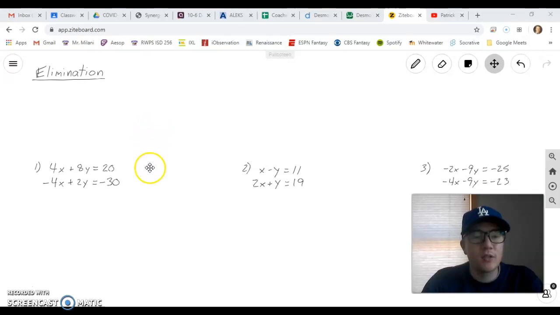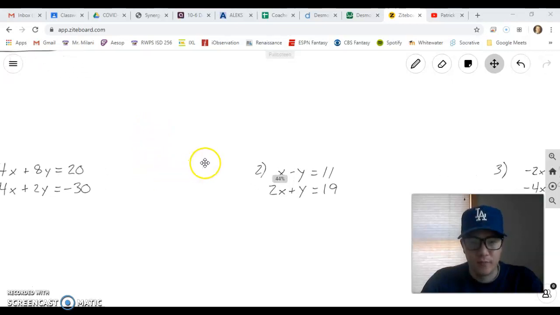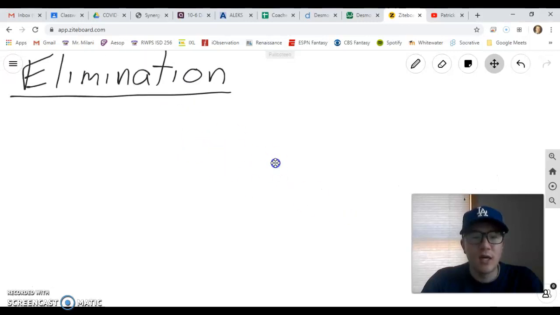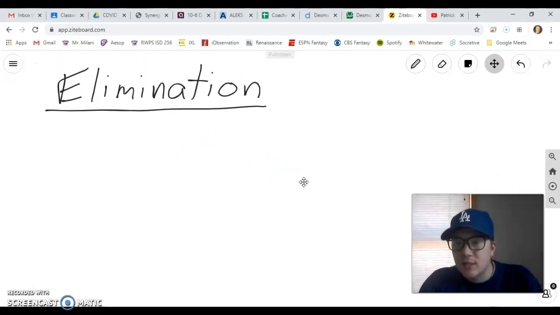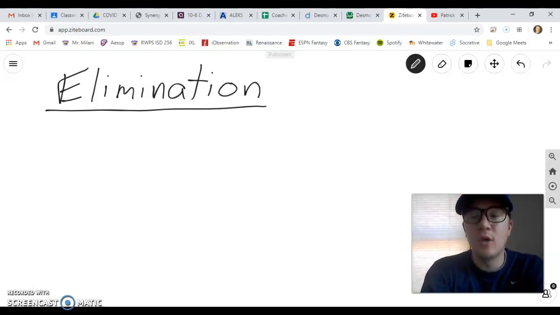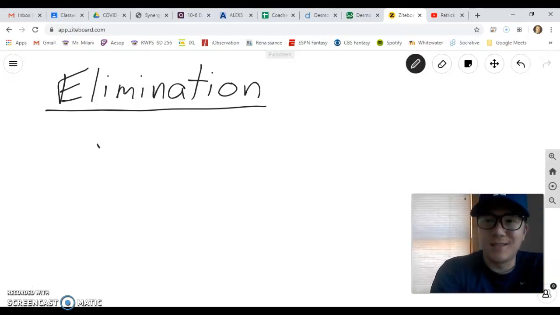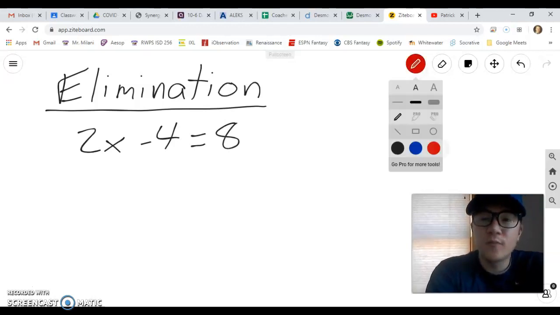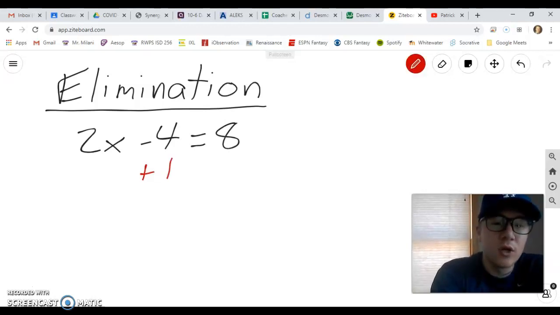So when we talk about solving by elimination, what does elimination mean? Well, when we're talking about eliminating variables, that's really what we've been doing this whole time. When we've got something like 2x minus 4 equals 8, we need to eliminate this negative 4, so we bring in the inverse of it, the opposite value.